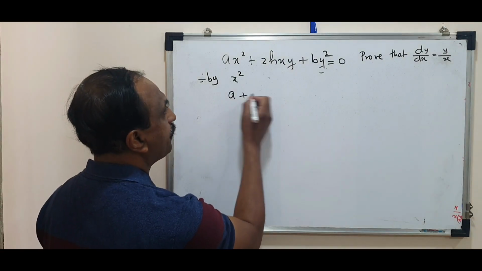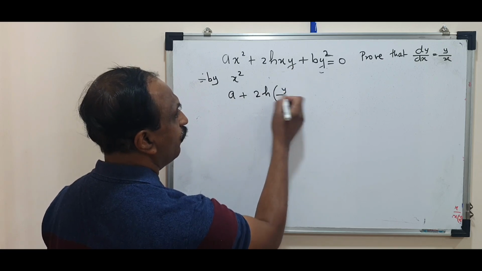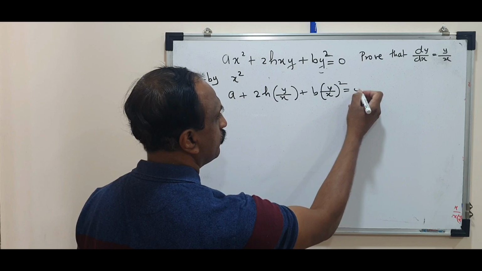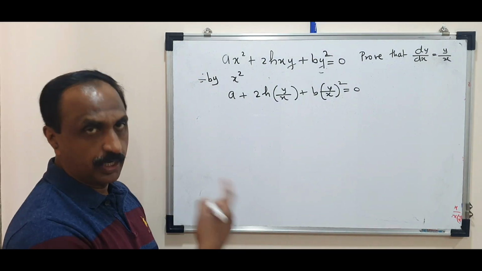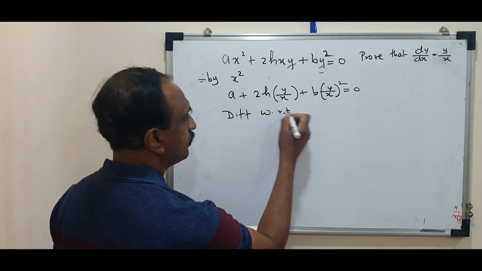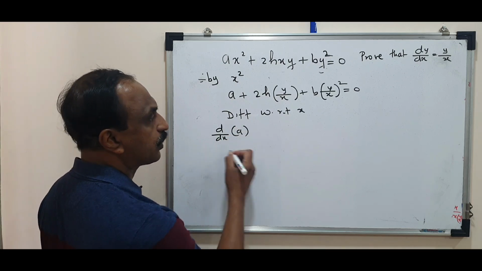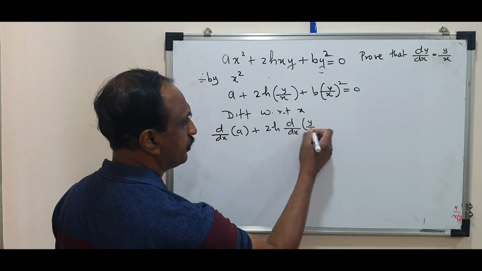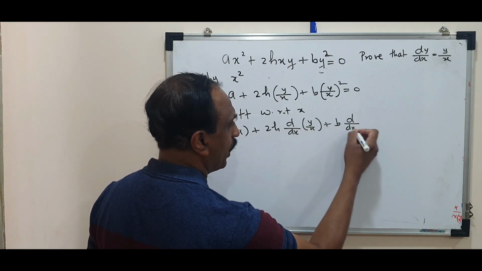So it will become a plus 2h, y by x, plus b into y by x the whole square equal to 0. Now, this has become a function in y by x. So let me differentiate now, with respect to x, as usual. d by dx of a, which is a constant, is 0, plus 2h into d by dx of y by x, plus b into d by dx of (y by x) the whole square.